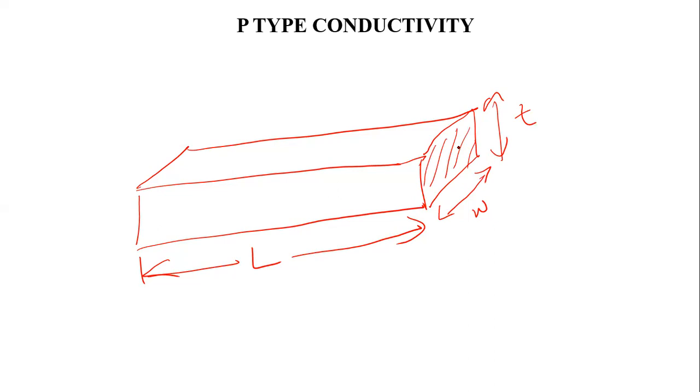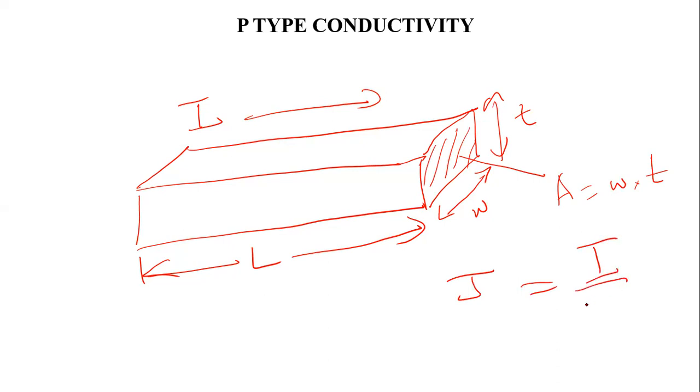How do we determine this area? This cross-sectional area A will be simply width into thickness. And if I is the current passing through this semiconductor along the length L, the current density J will be current upon cross-sectional area, that is current upon W into T, width into thickness. This is how we write the cross-sectional area and the current density.